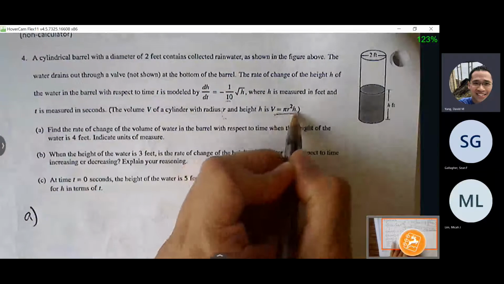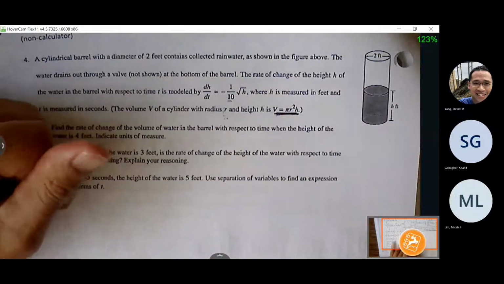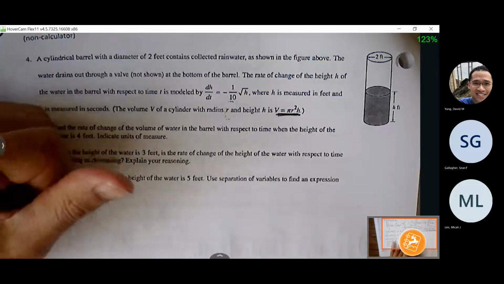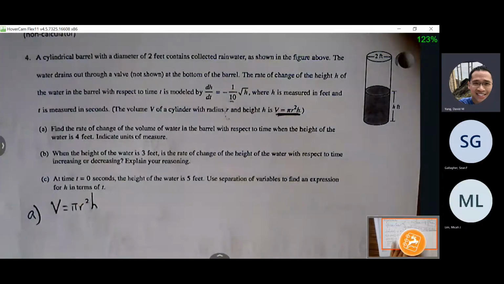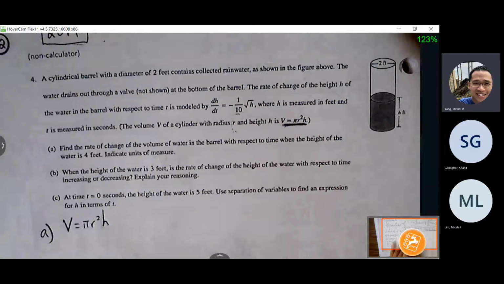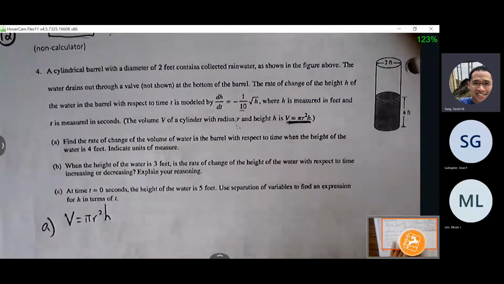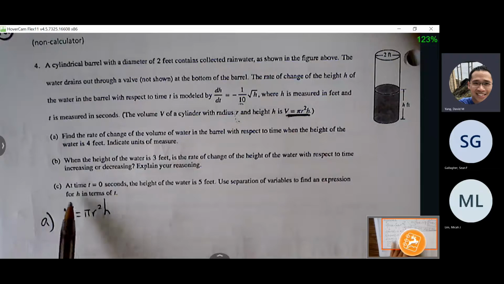So we know the volume formula of a cylinder is pi r squared h. Now, the thing that is easier about cylinders versus cones is that we don't have to hold on to the radius variable. With cones, we had to, because when water is either going in or coming out, the radius and the height of my water level is changing all the time.